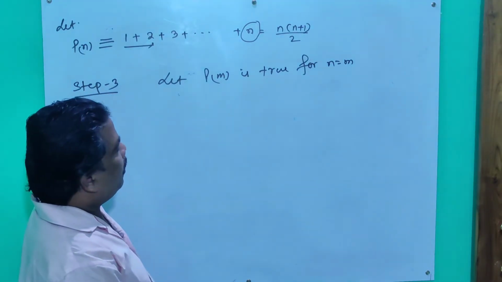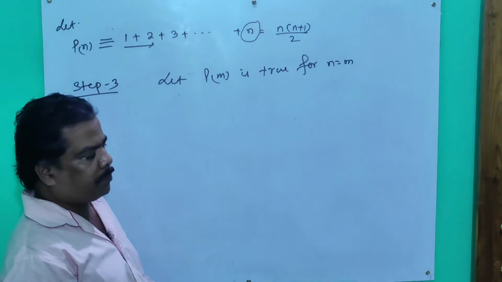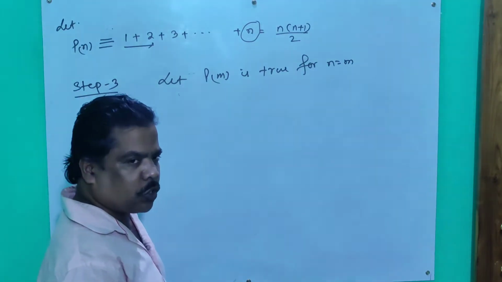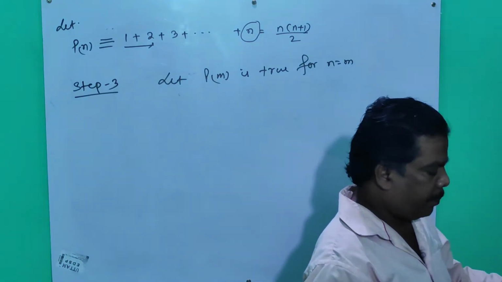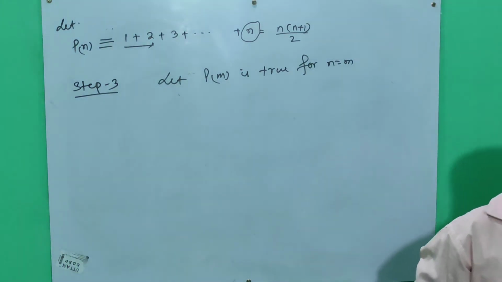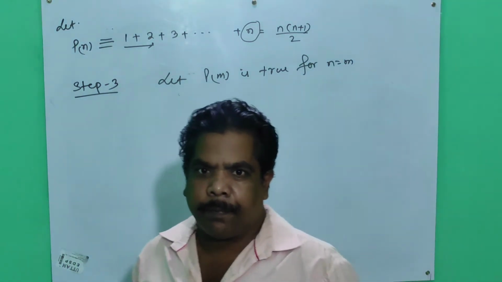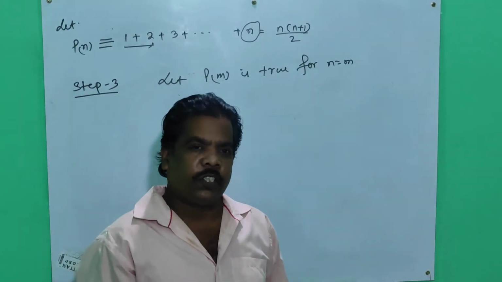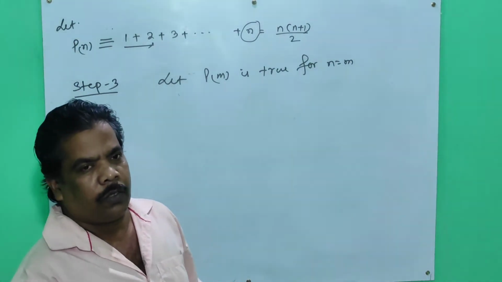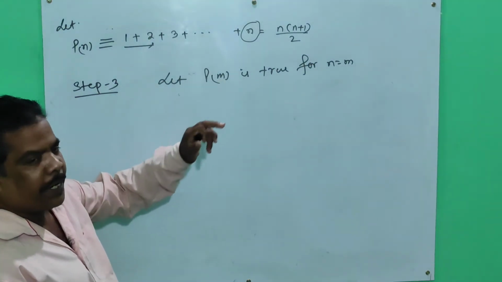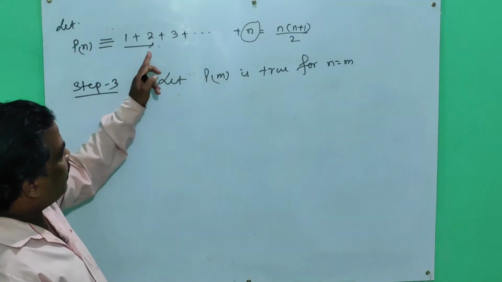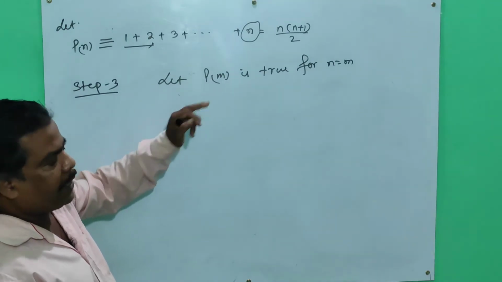That means the given statement is valid, the given statement is true for n is equal to m. When n is equal to m, the given statement is true. This is our assumption: we let that Pm is true for n is equal to m, meaning the given statement is valid when n is equal to m.